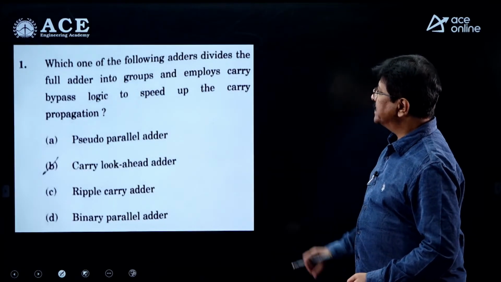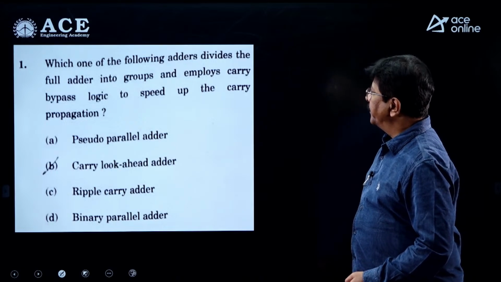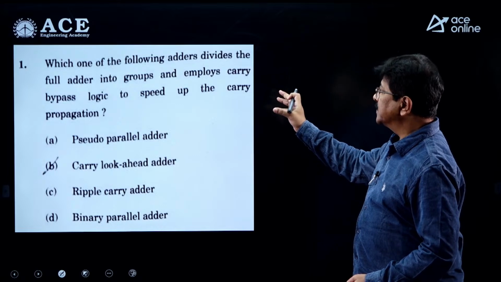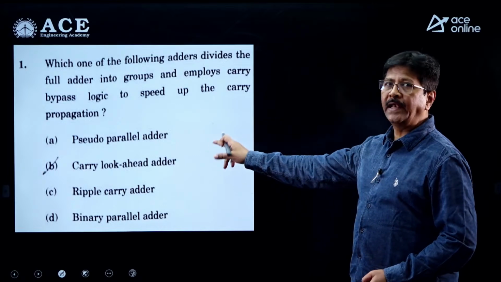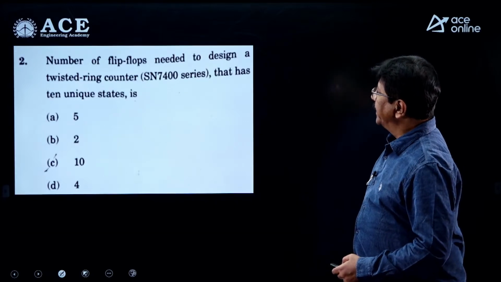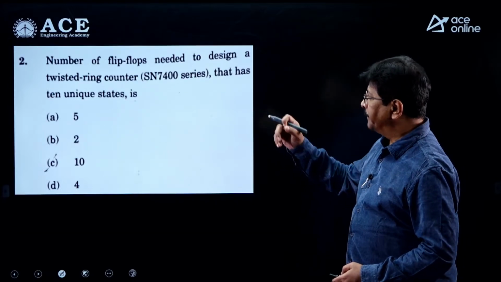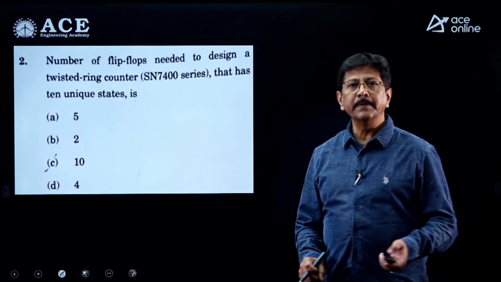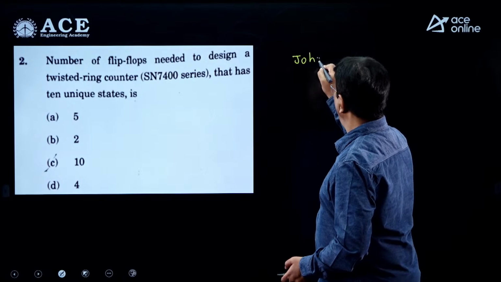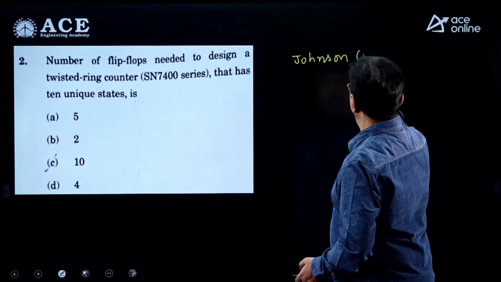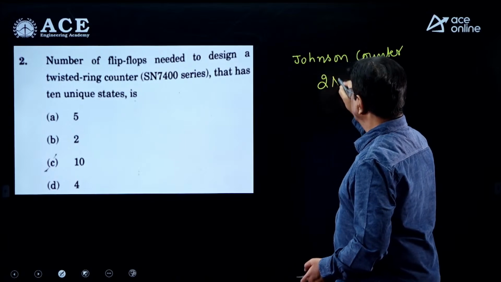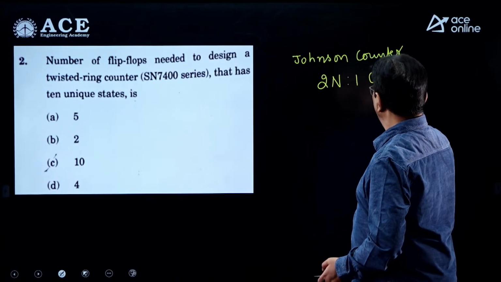So coming to this question, the type of adder where it is divided into a number of blocks and implemented is nothing but the carry look ahead adder. For this question, the answer is B. And we know the twisted ring counter is nothing but the Johnson counter, and its counting capacity is a 2n counter.